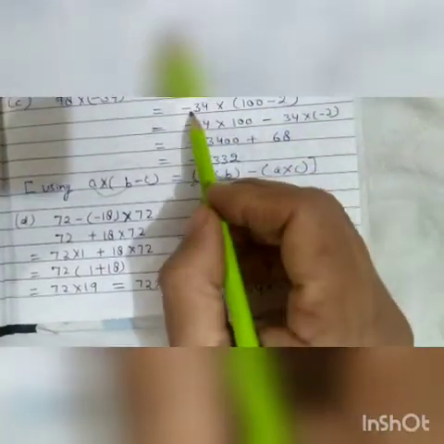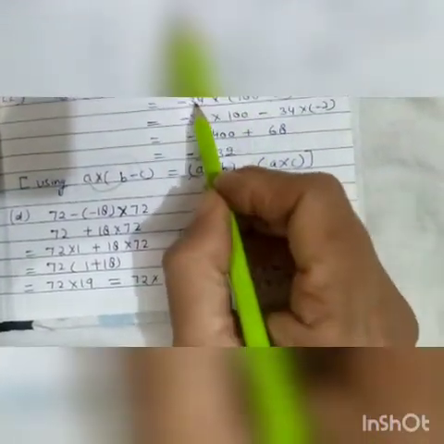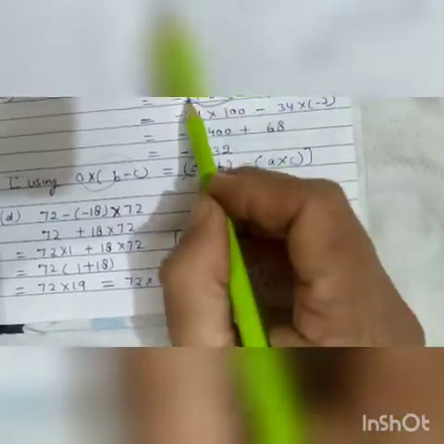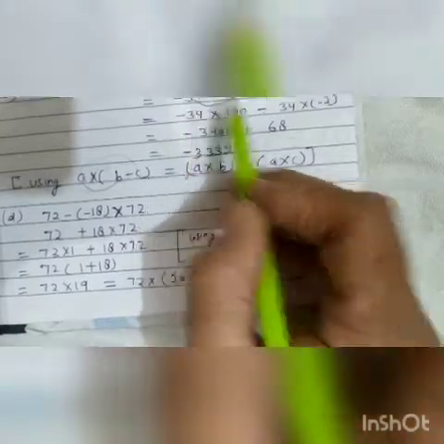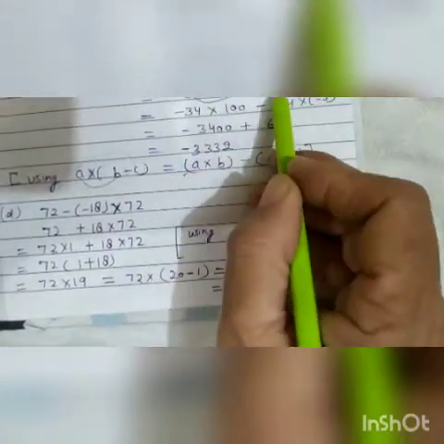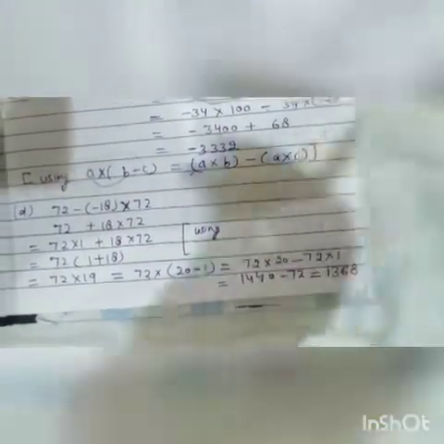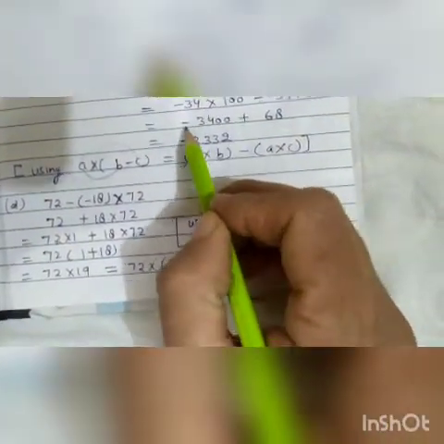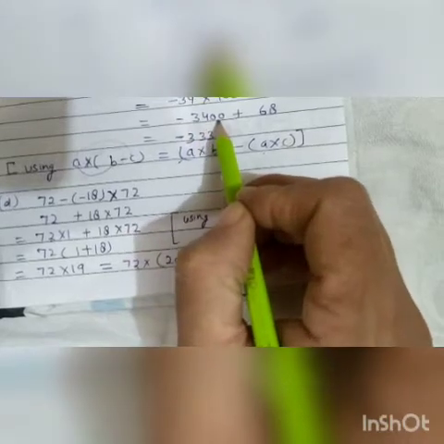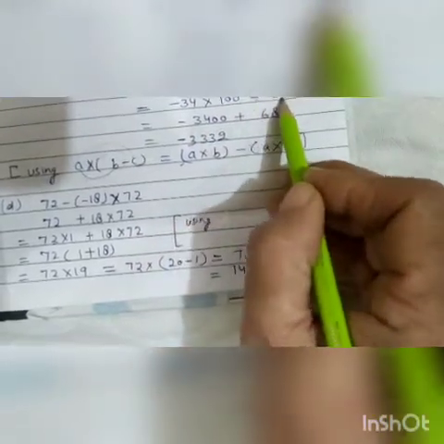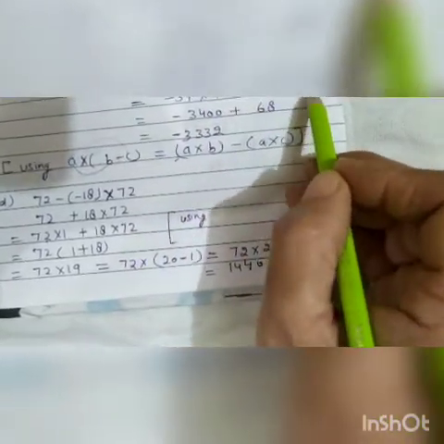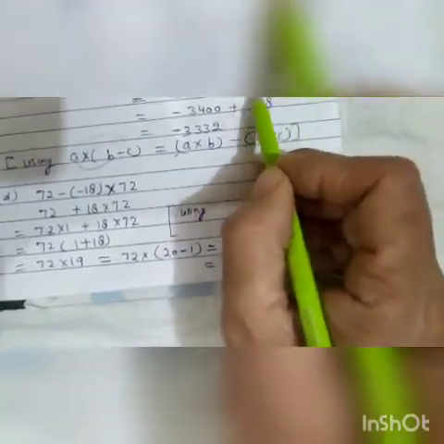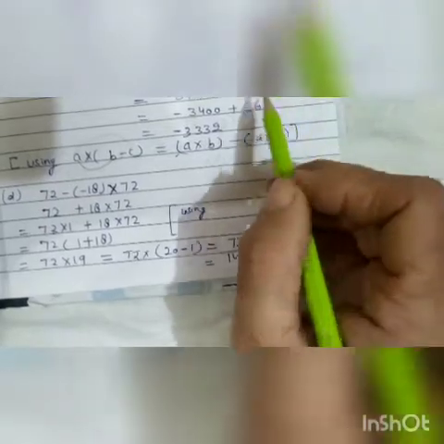So minus 34 multiply 100. First we will multiply minus 34 by 100. Then this minus 34 multiply by minus 2. Here it is minus 2. So minus 34 multiply 100 is equal to minus 3400. Now this minus 34 when multiplied by minus 2 becomes plus 68, because when we multiply two negative integers the product is positive.